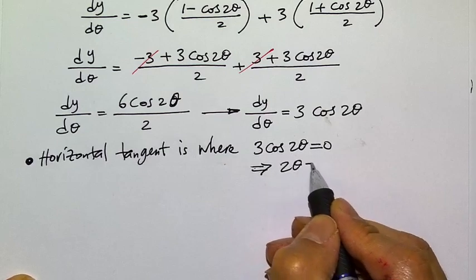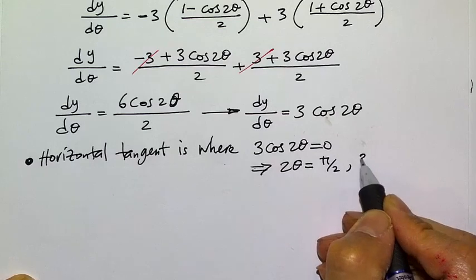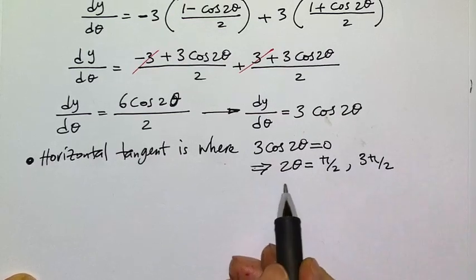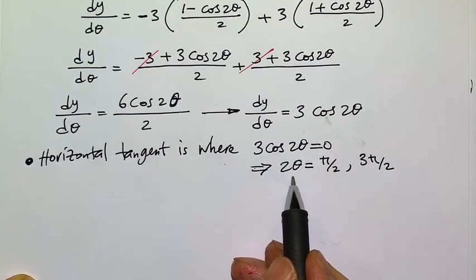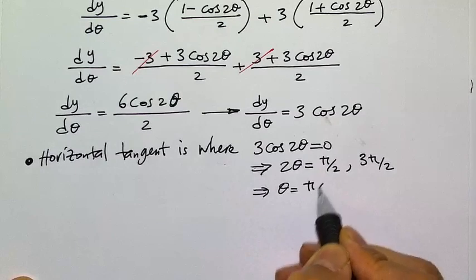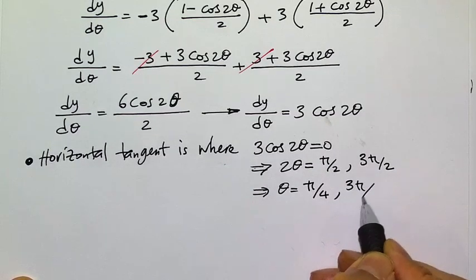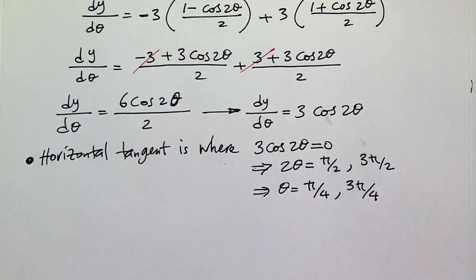We're looking for theta, so dividing both sides by 2, we have theta equals pi over 4 or 3 pi over 4, right?